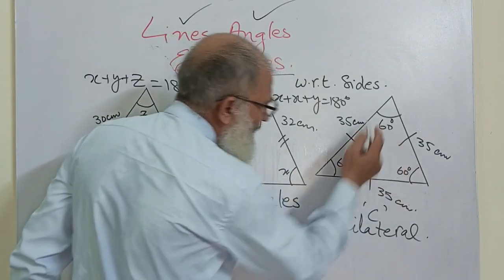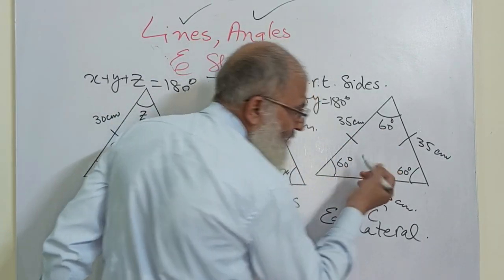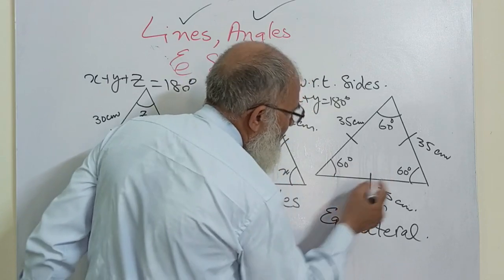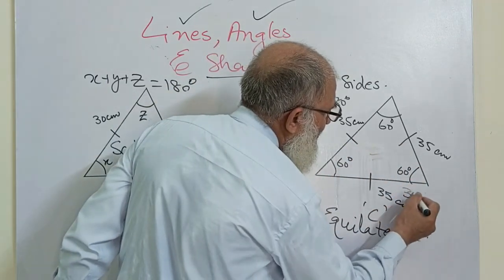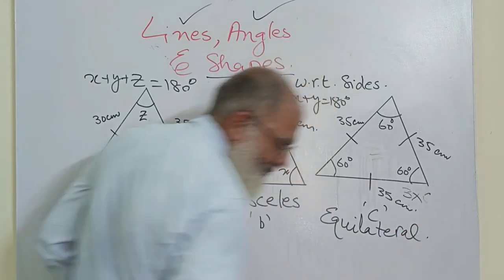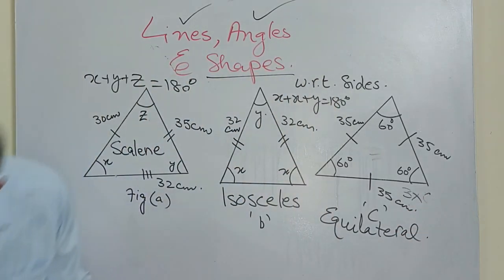And you can see with the naked eye that 3 multiplied by 60 is 180 degrees again.